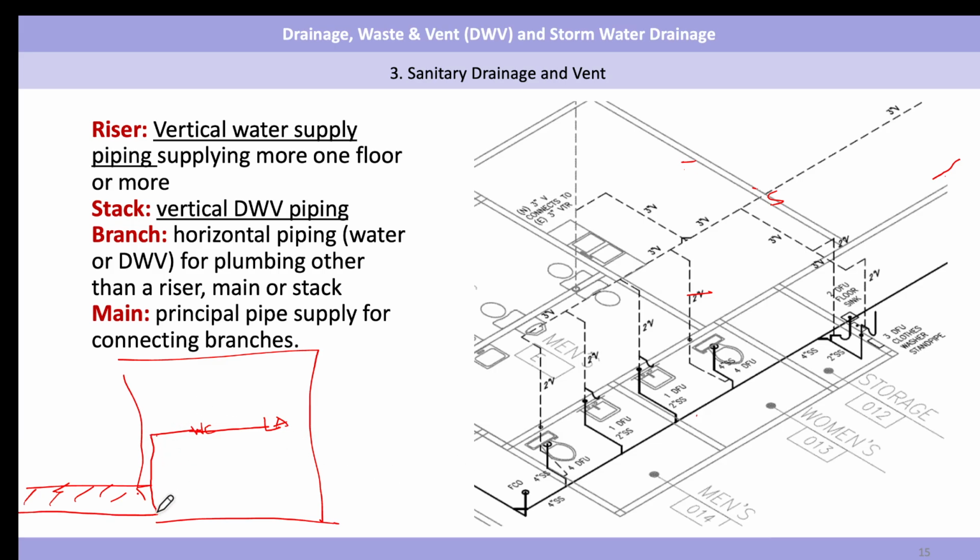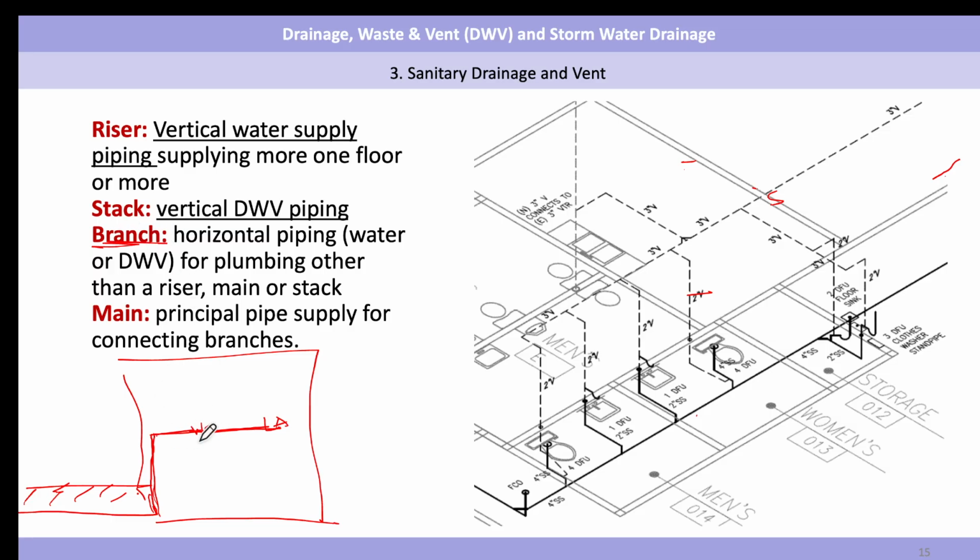They need a pump to increase pressure to supply water going up. So this pipe is a riser, and the horizontal ones supplying the water closets and the laboratory are horizontal branch pipes.